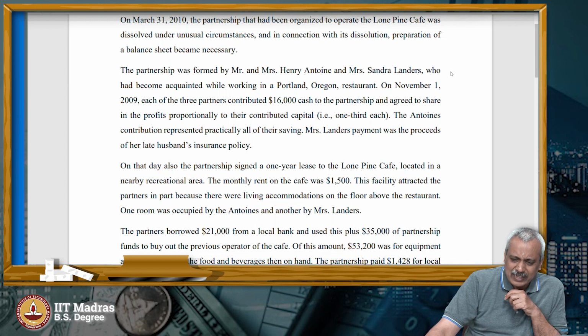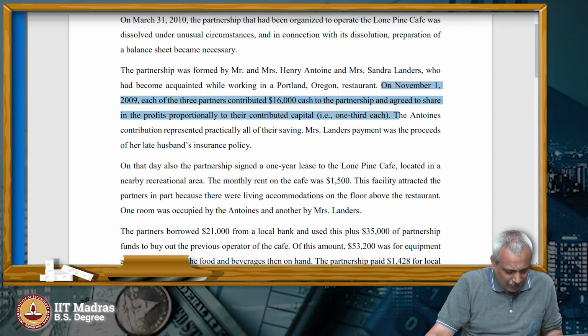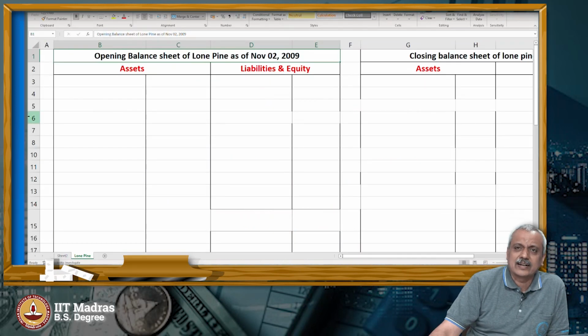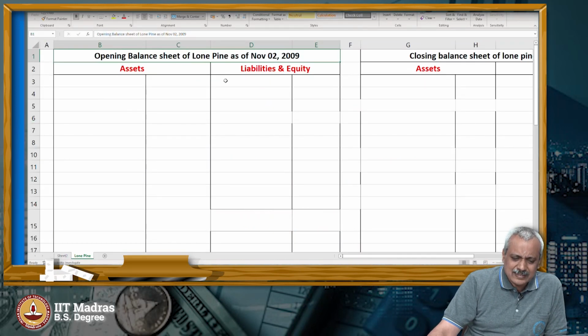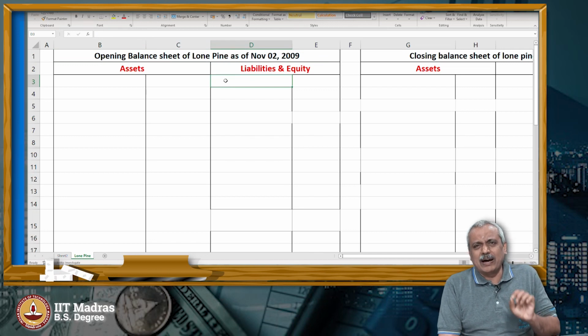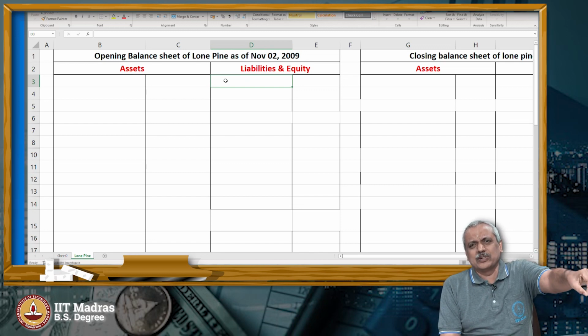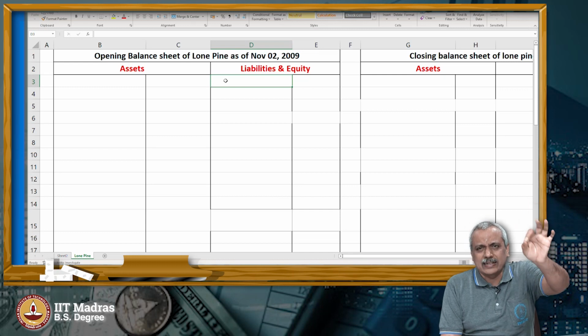So, if I take this statement, how will it reflect in your balance sheet? That is capital. We are preparing the balance sheet for Lone Pine Cafe. So, the Lone Pine Cafe owes the money back to the people who have contributed, if they wind up.